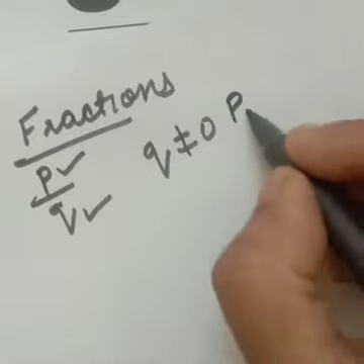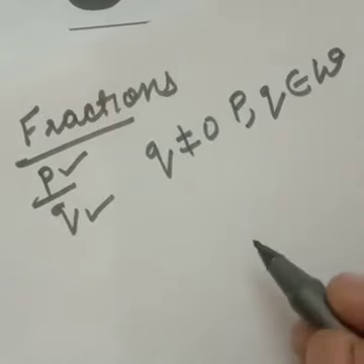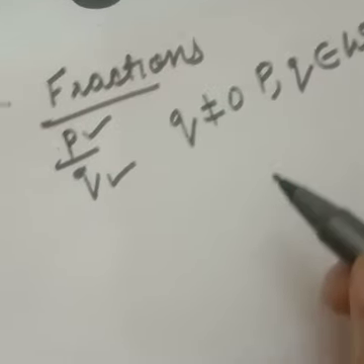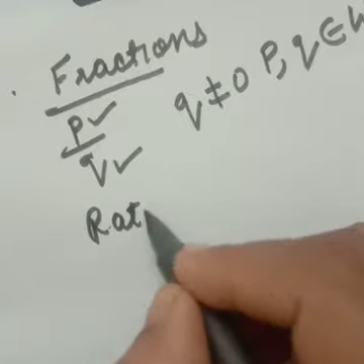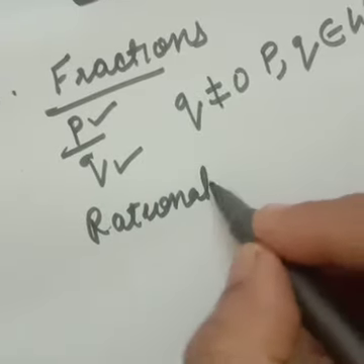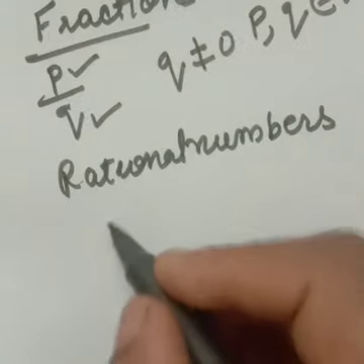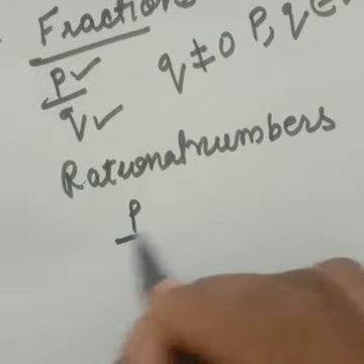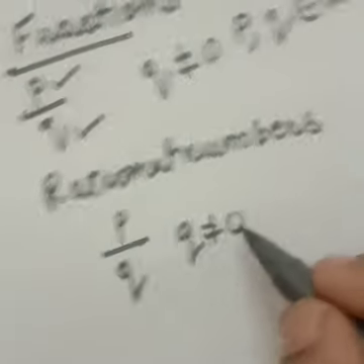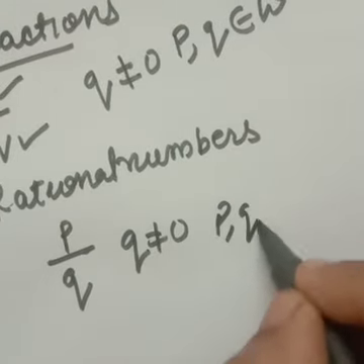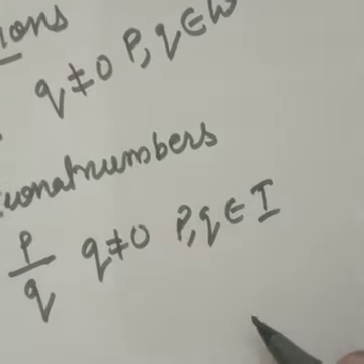P and Q belong to whole numbers, but Q never be equal to 0. But in rational numbers, that is also P by Q form, Q not equal to 0, but P and Q belong to integers.